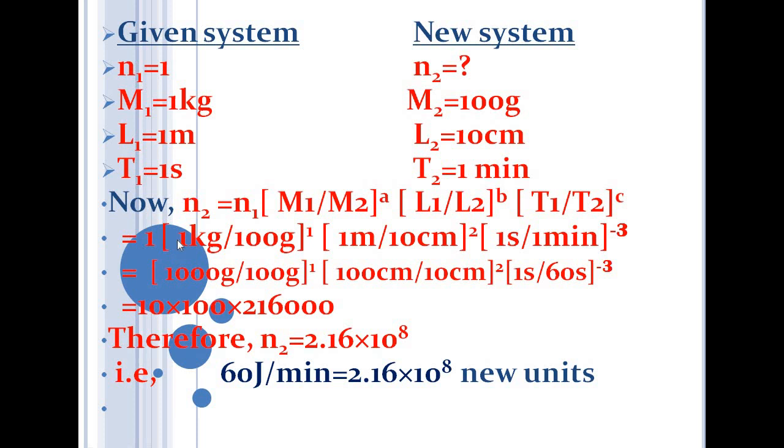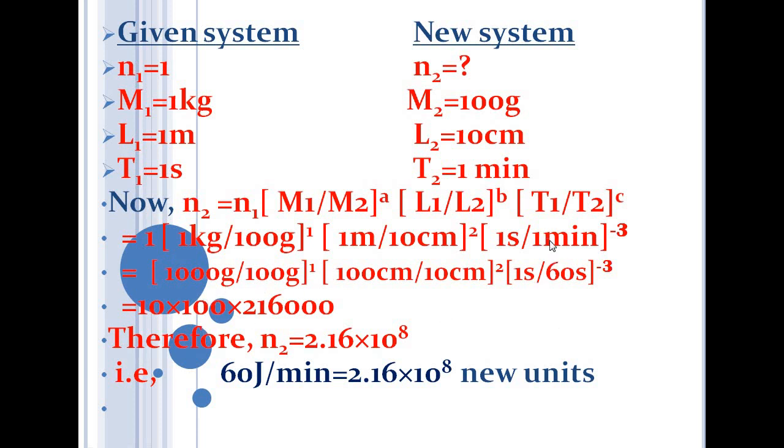Now convert into the similar system for the first term. 1 kg equals 1000 gram and 100 gram, gram and gram cancel, 2 zeros cancel, that is 10 is left from the first term. Similarly 1 meter equals 100 centimeter, 10 centimeter as it is, centimeter cancels, 0 and 0 cancel, square of 10 is left, that is 100.